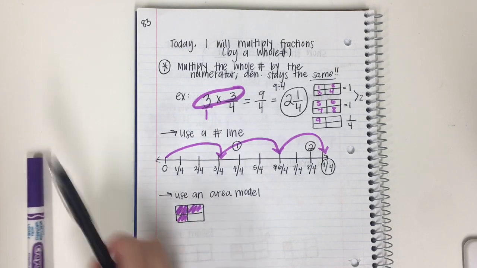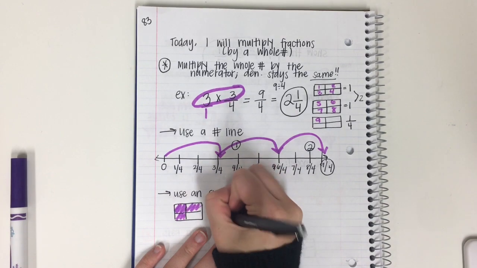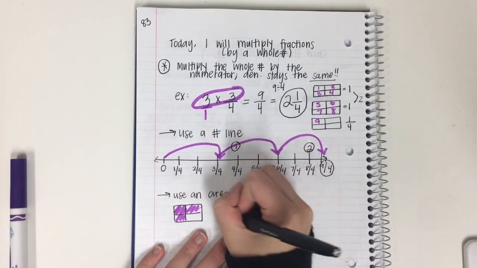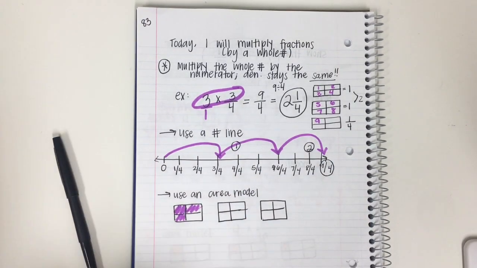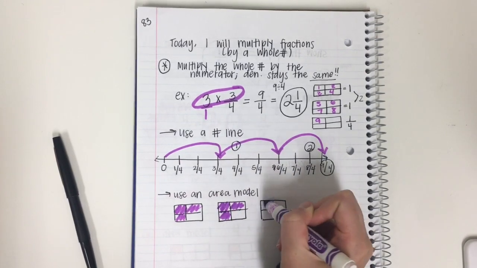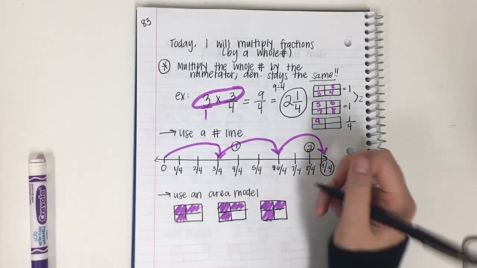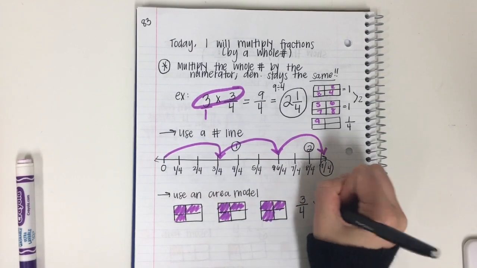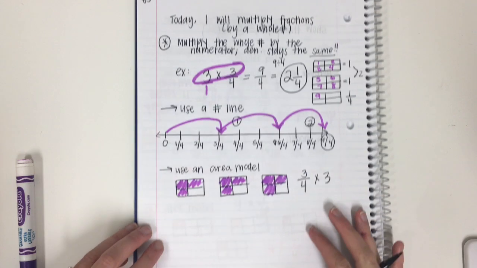How do I make it 3/4 times 3? I have to draw it 2 more times, right? I need a total of 3. So I'm going to draw 2 more area models broken into fourths. I'm going to shade in 3. Okay, so here we see 3/4 times how many times? 3.